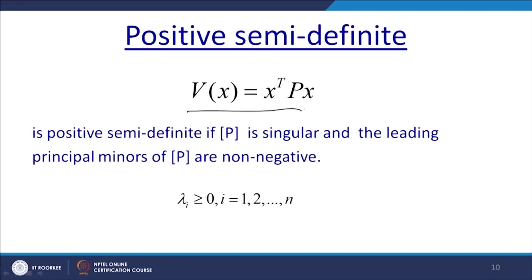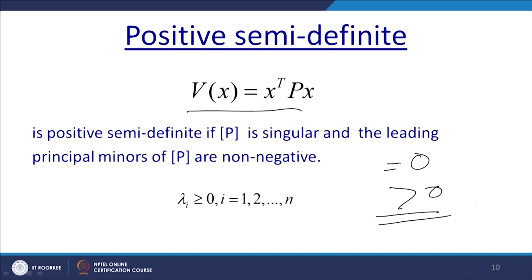How to define a positive semi-definite matrix? In that case, whatever principal minors we calculate, if at least one principal minor is equal to 0 and all other principal minors are greater than 0, then we call it a positive semi-definite matrix.